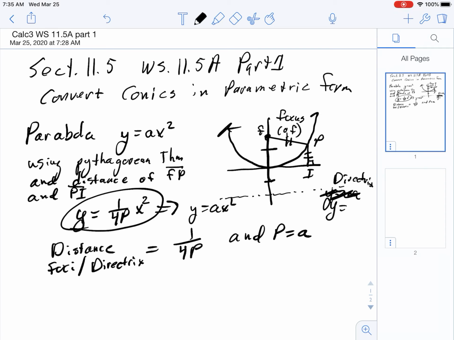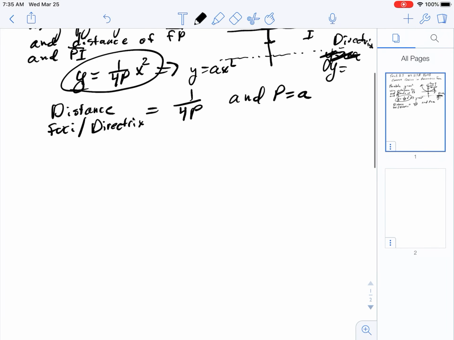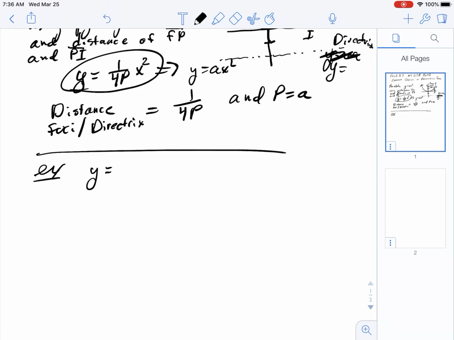Okay, so let's go through it as an example now. If you have y equals 1/8 x squared, that would mean that the distance to my focus is represented by 1 over 4p, which would be 1 over 4 times 1/8, which means the distance to my focus and directrix is 2 units.